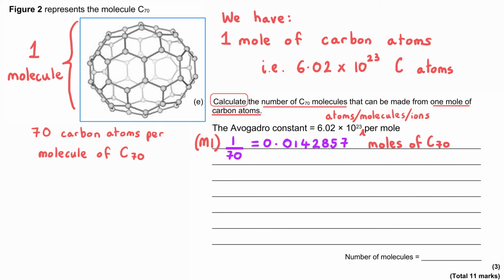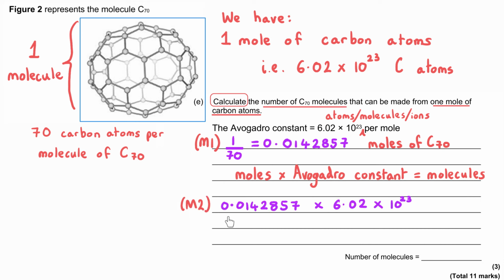And Avogadro's number tells us that there are 6.02 times 10 to the 23 molecules of C70 per mole of C70. And so what this means then is that we need to take our moles of C70 and multiply it by Avogadro's constant. And structuring it like that will get us the second marking point of the 3.